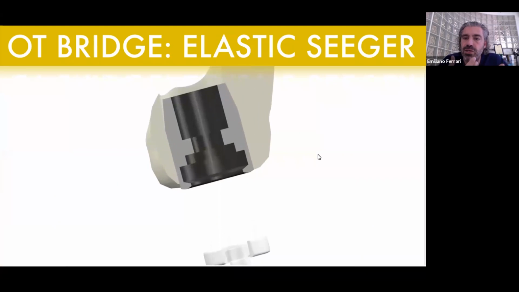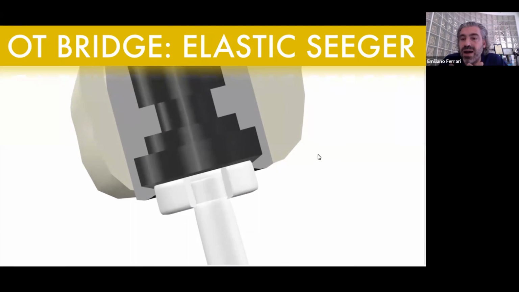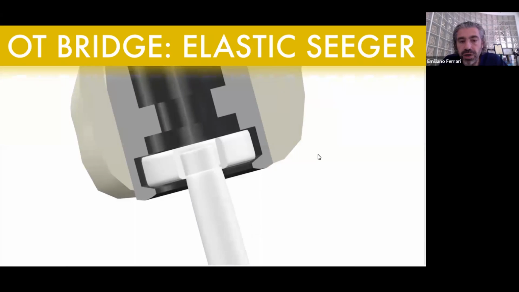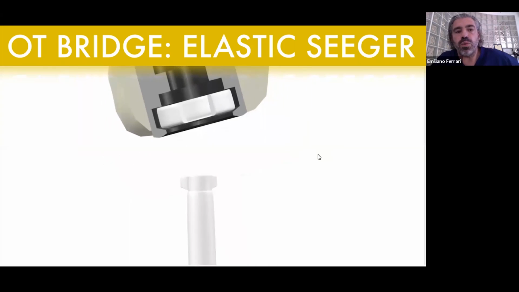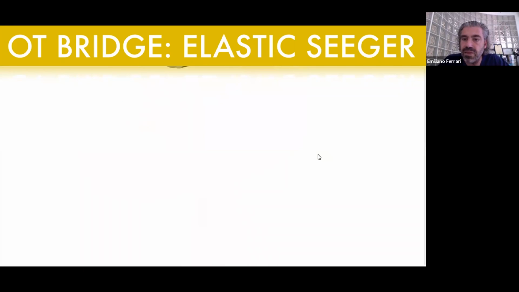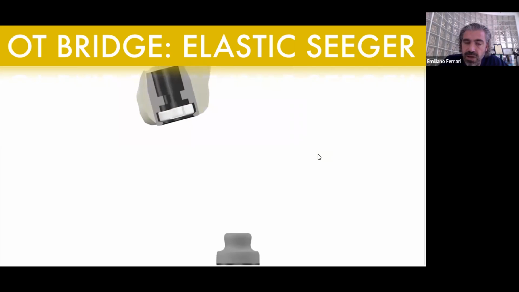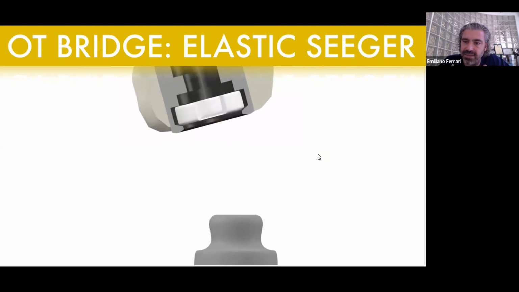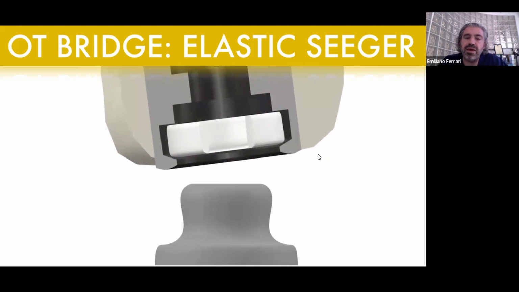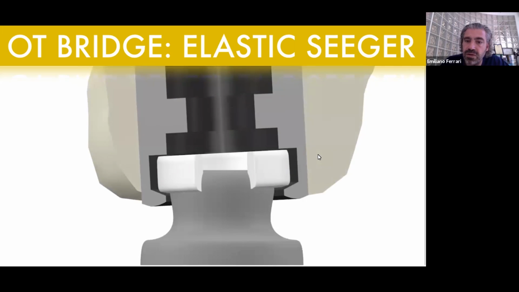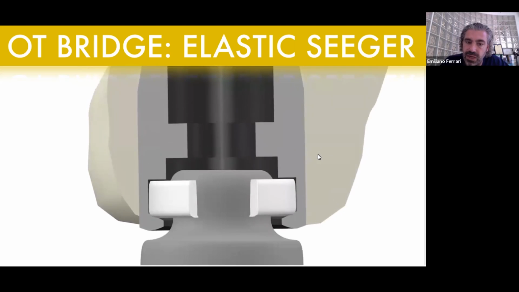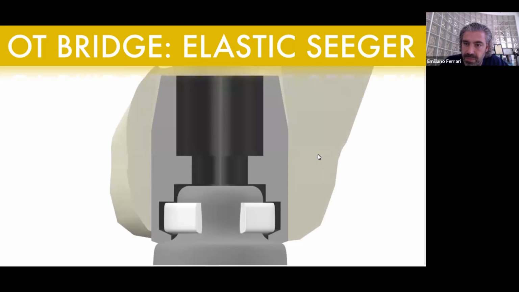But how does it function? It works because we use an elastic seeger, a plastic ring that compensates the space between the first and the second abutment, between the Equator and the extra grade abutment.